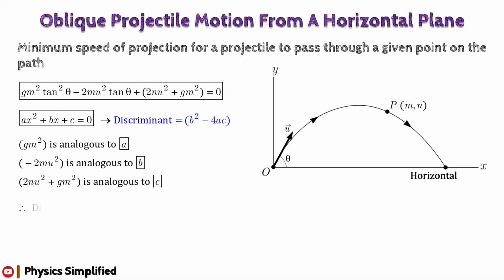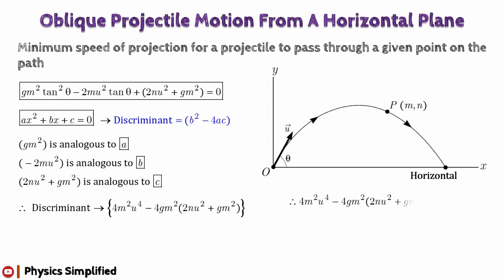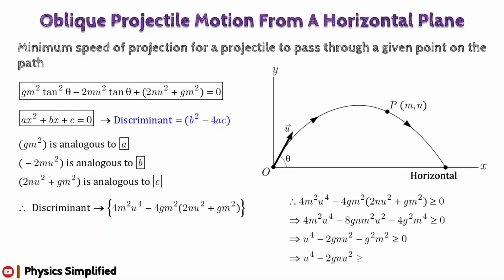So, discriminant of our quadratic equation is 4m squared u to the power 4 minus 4 gm squared times, within first bracket, 2nu squared plus gm squared, and it is greater than or equal to 0. Performing these steps and after simplification we obtain u to the power 4 minus 2 gnu squared is greater than or equal to g squared m squared.